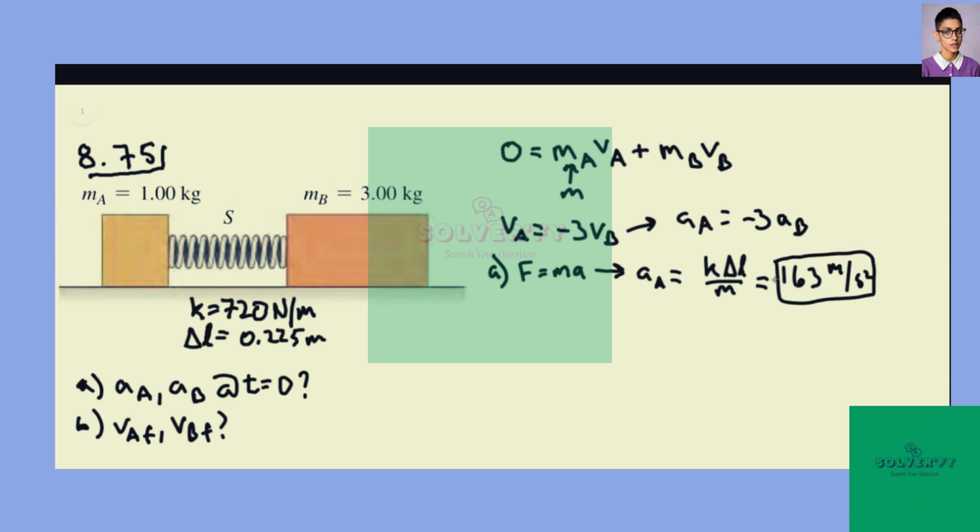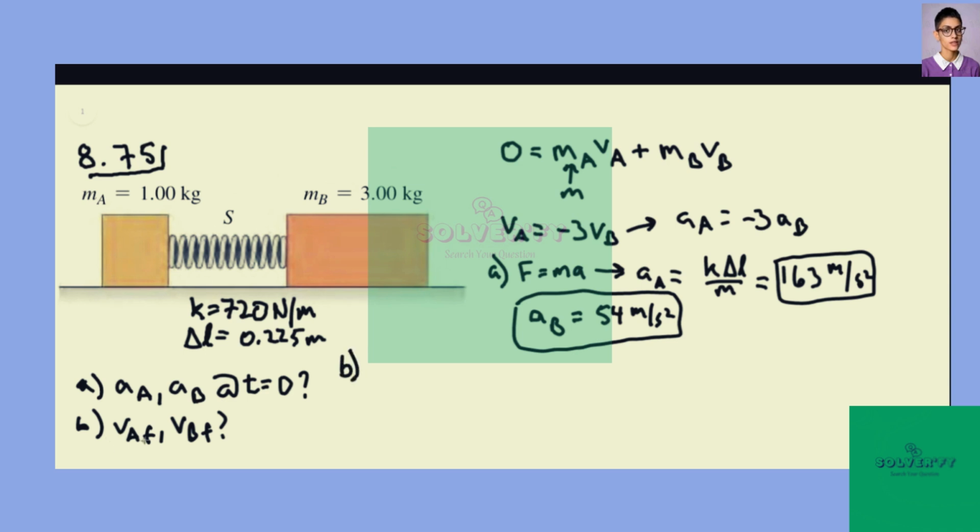Now immediately from this we know that the acceleration of B, because it has 3 times the mass but the same force is acting on it, is going to be 54 meters per second squared. So far, so good.